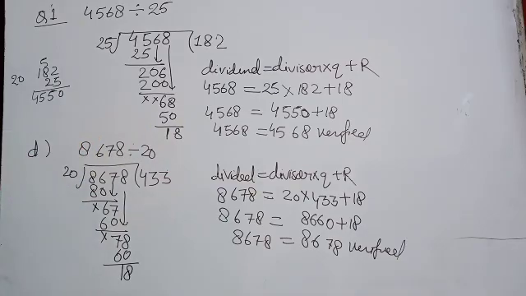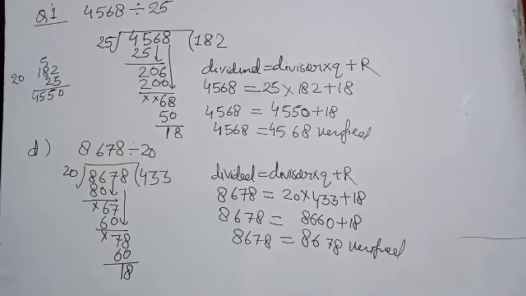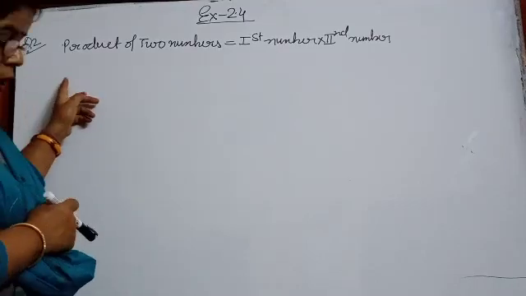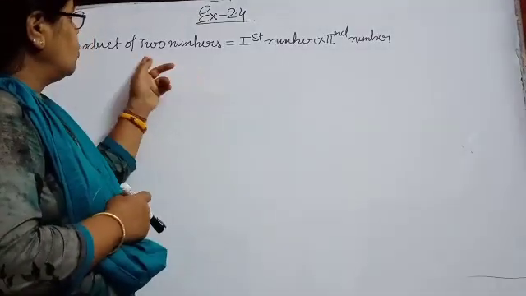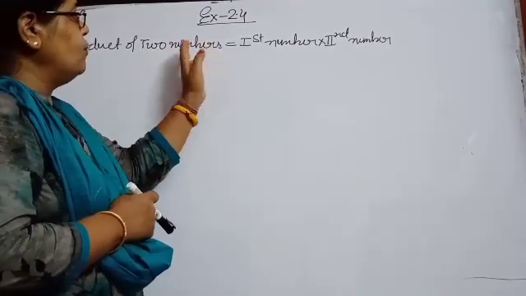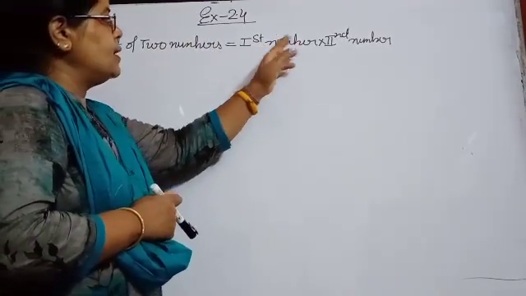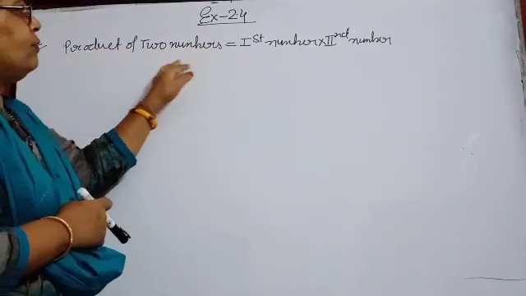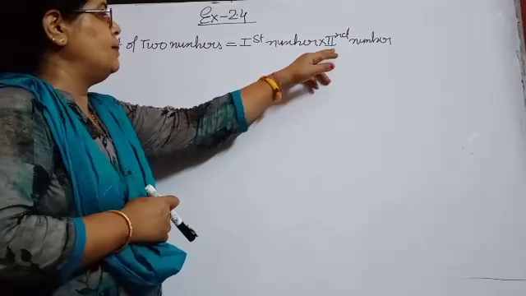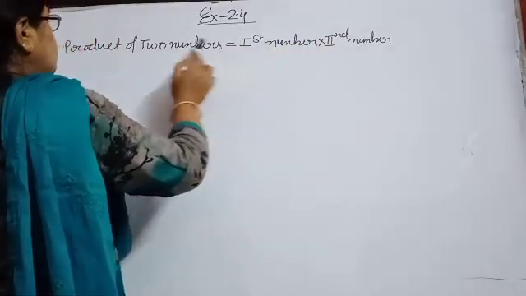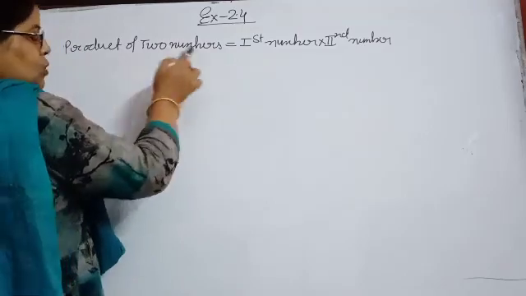Now I am proceeding to the next question. Question number 2: it is given that the product of two numbers is... If we multiply two numbers, first number and second number, then we get their product. So this becomes a formula: first number into second number is equal to the product of the numbers.